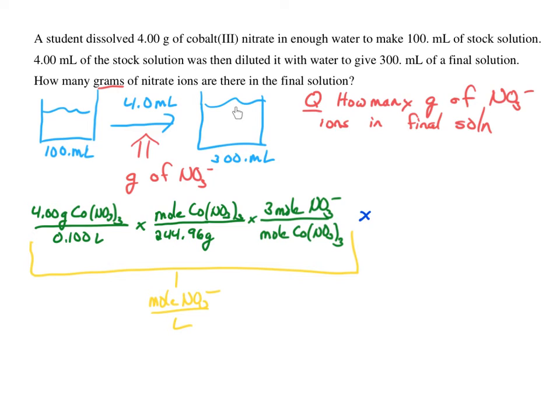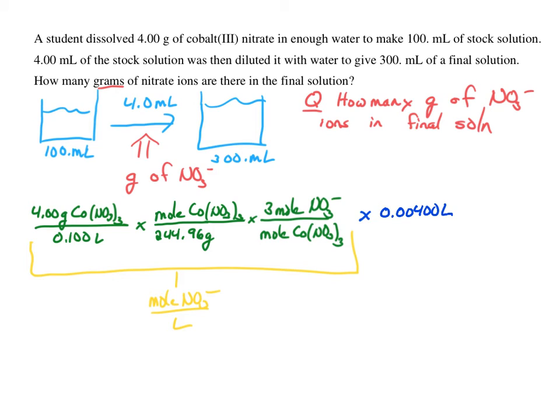Again, it doesn't matter what the volume is that we dilute this final solution to. All we're concerned about is how many grams there are in 4 milliliters of this initial solution. So this is 0.00400 liters.